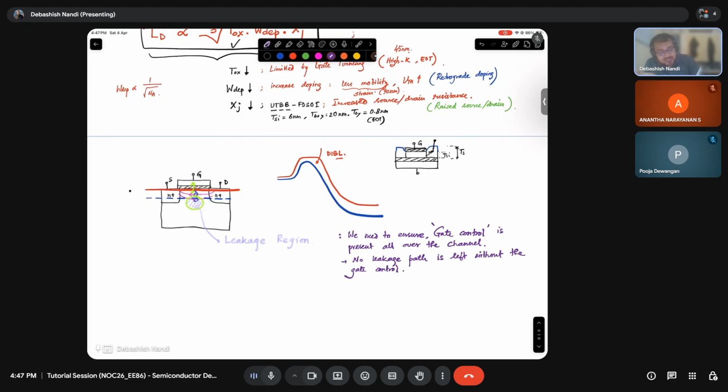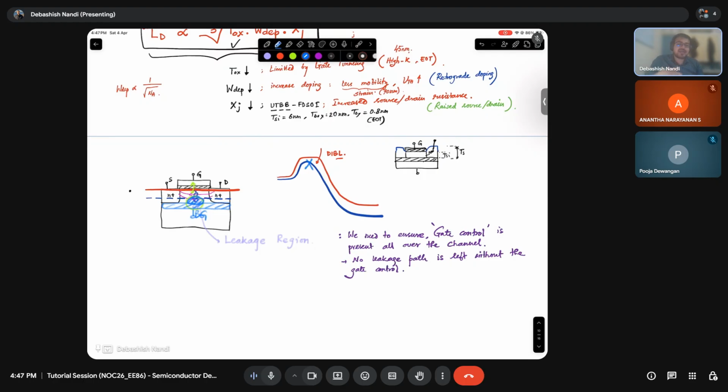So what is the best thing to do? Best thing to do is add another gate. Have an oxide here, add another gate here. So that way this region is now under the gate control. So this issue is now removed, right?